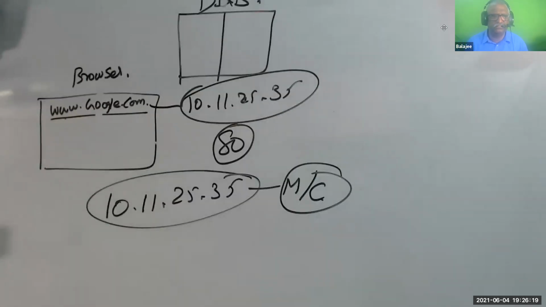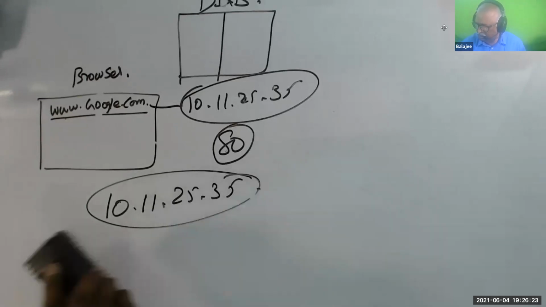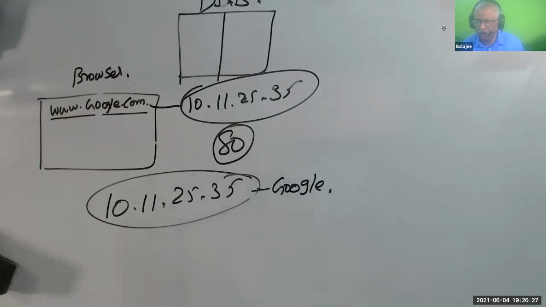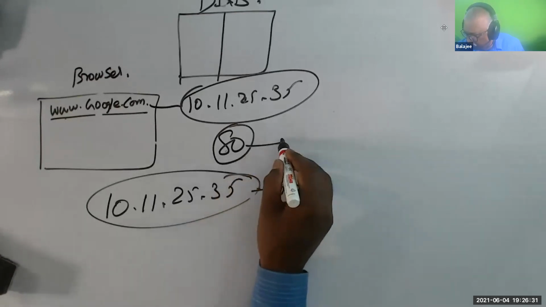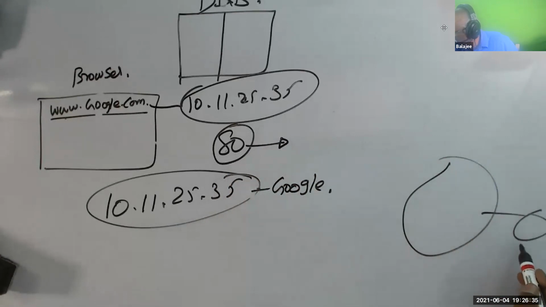This is your machine address. This is his machine address. That is Google's address. Then the address you're going to talk to is 80. That is the application on the Google machine you want to talk to.